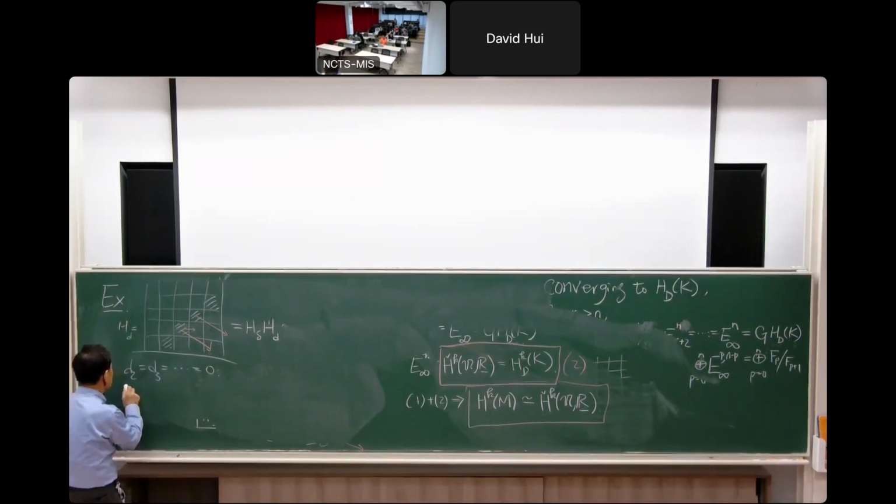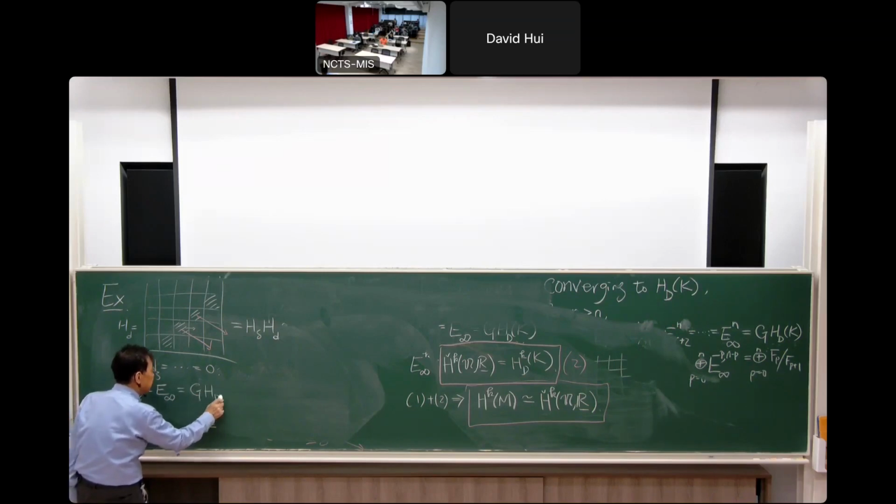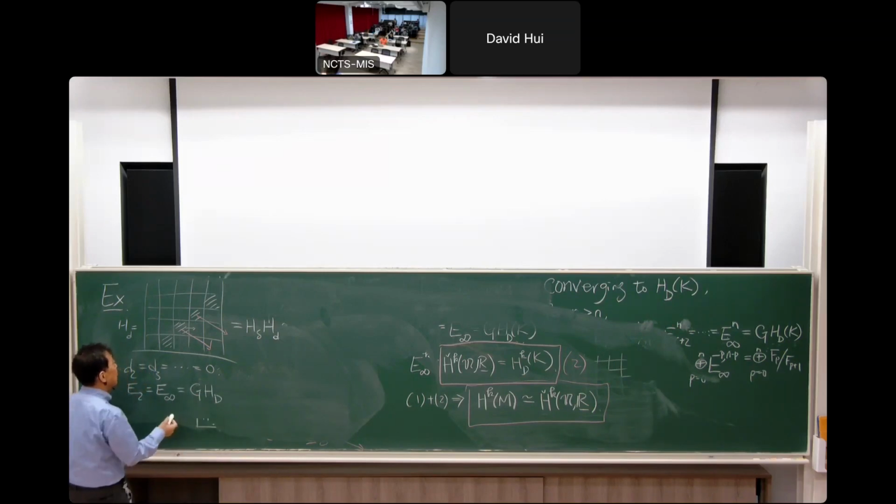So again, E2 will be E infinity, and that will be G of H big D. And in each degree, you have only one thing.